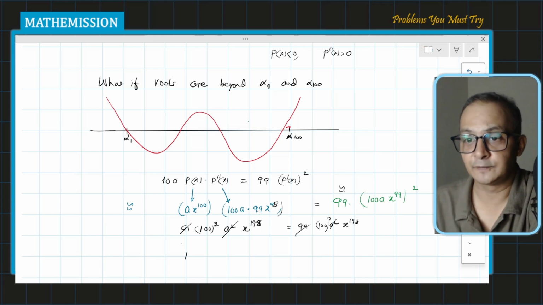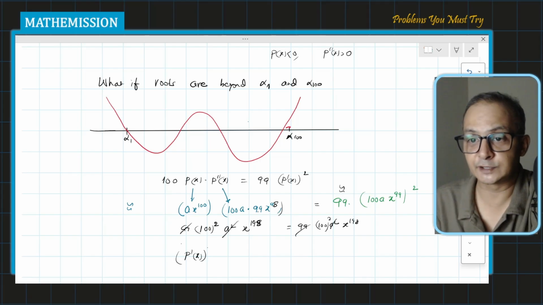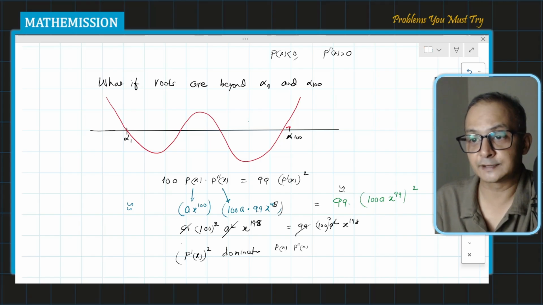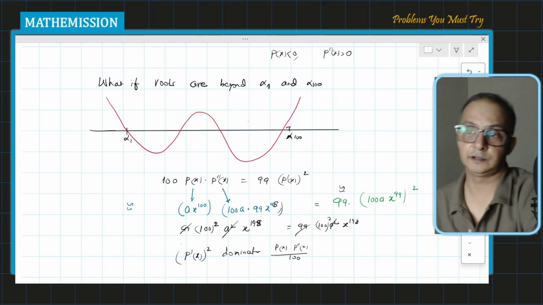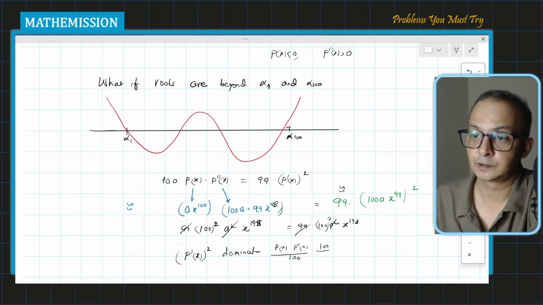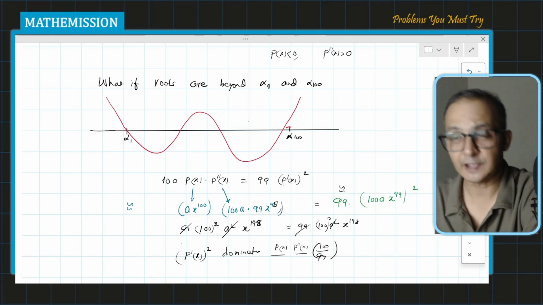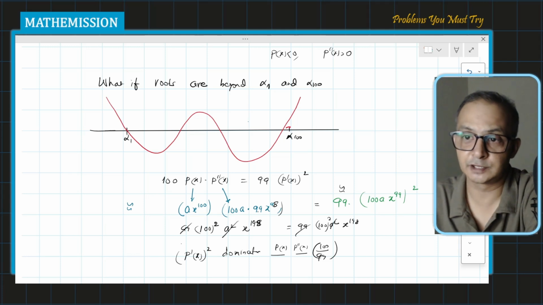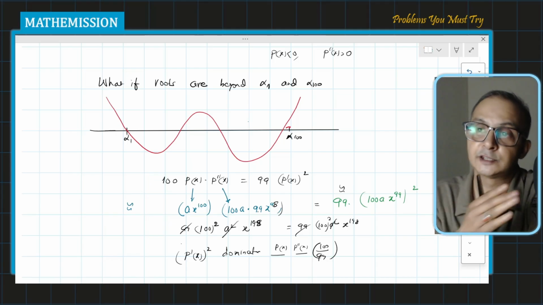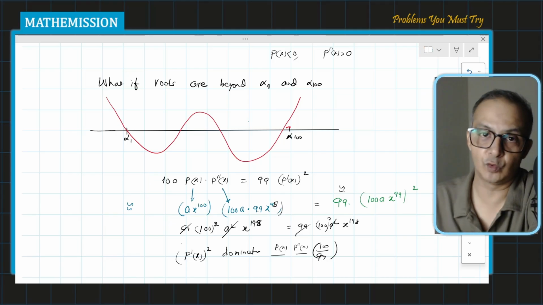So I mean to say that if I want to analyze that, p dash x square dominates this thing, p(x) into p double dash x by 100 into this and by 99. So by any chance they cannot meet, even if you are taking into consideration the values beyond alpha 1 and alpha 100.